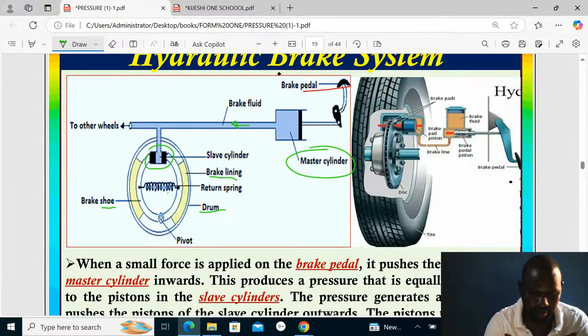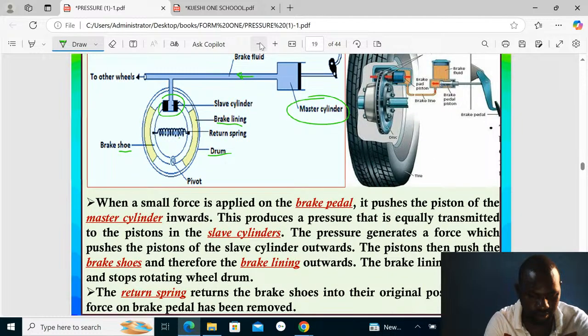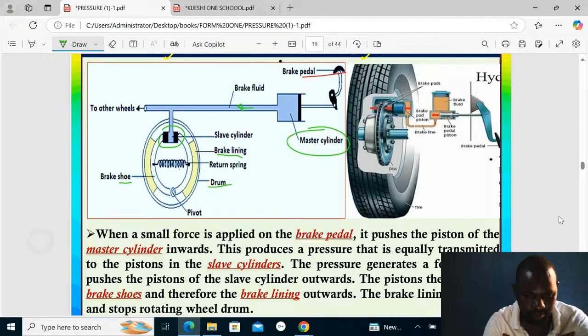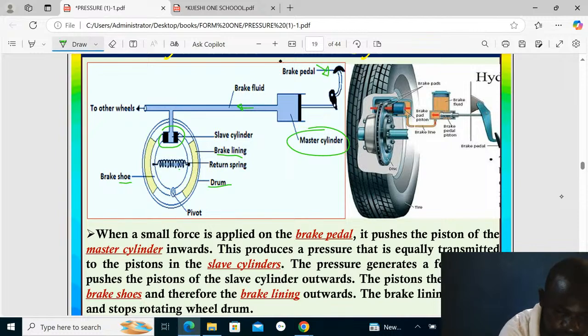Therefore, we can go to the explanation where, when a small force is applied on the brake pedal, now we are talking of you applying some force on the brake pedal. Then what will happen? It pushes the piston of the master cylinder inwards.